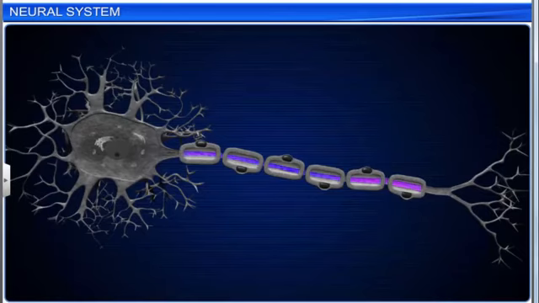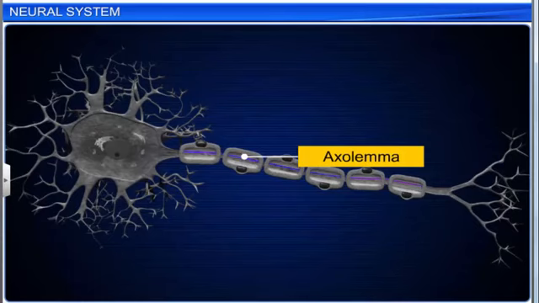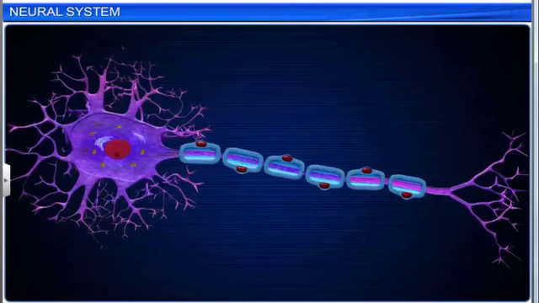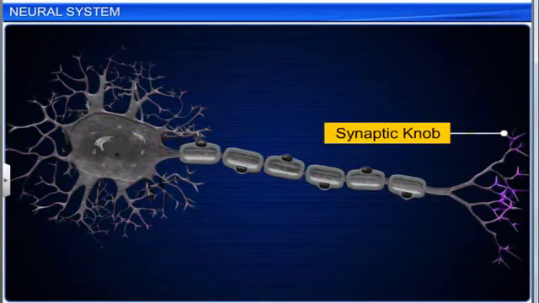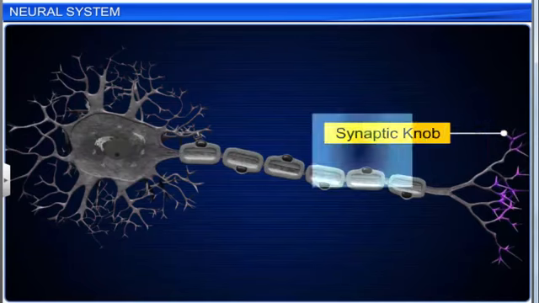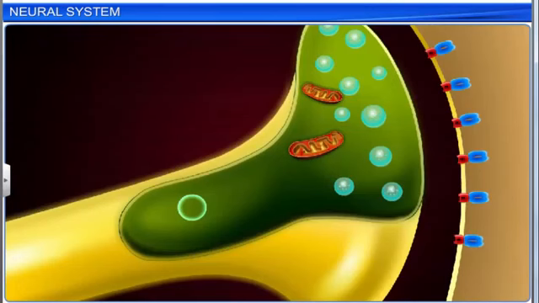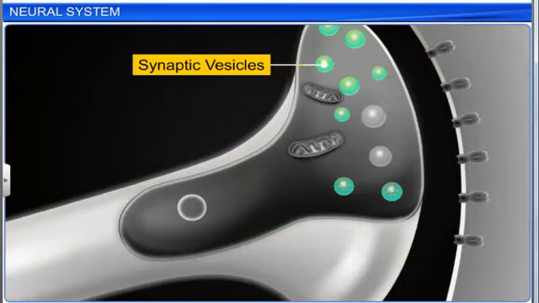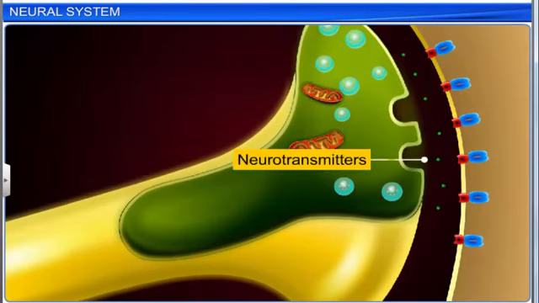It is covered by a plasma membrane called axolemma. The inner fluid of an axon is known as axoplasm. The distal branched end of an axon forms a knob-like swelling called a synaptic knob. The synaptic knob possesses synaptic vesicles, which contain chemicals called neurotransmitters.